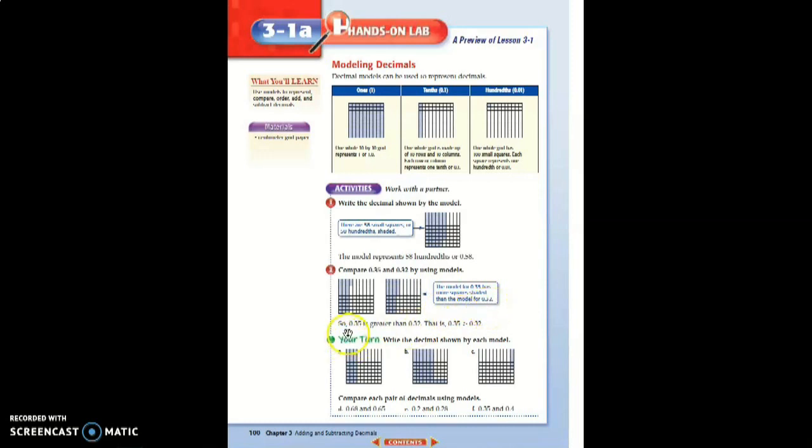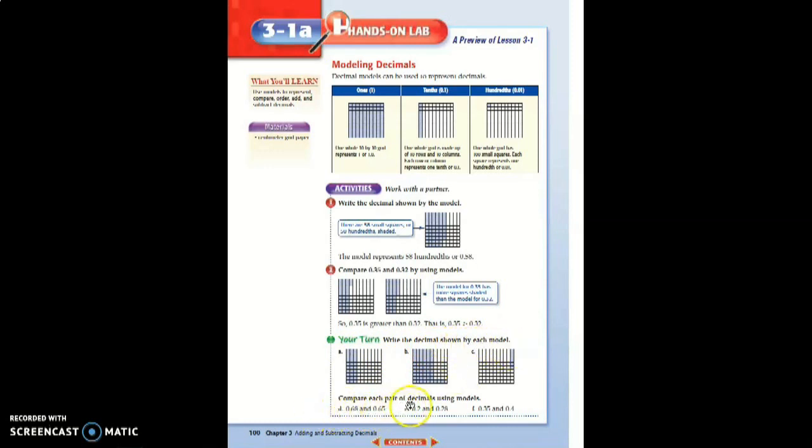So 0.35 is greater than 0.32, that is, 0.35 > 0.32. Your turn. Write the decimal shown by each model.